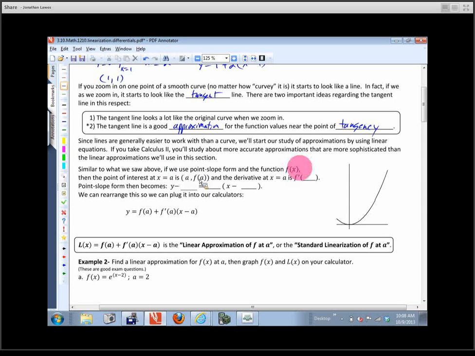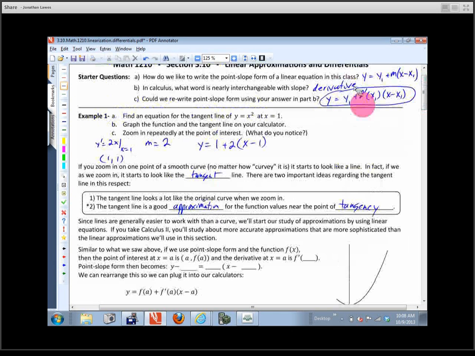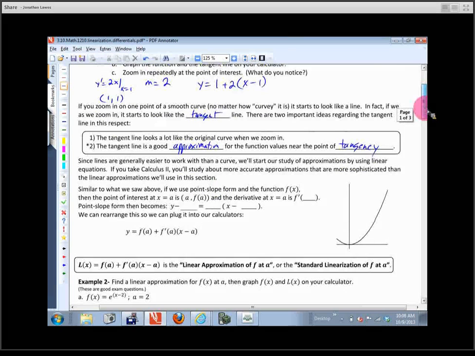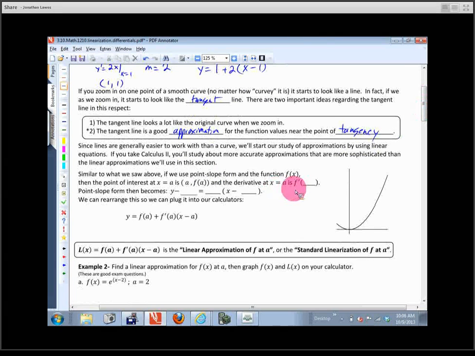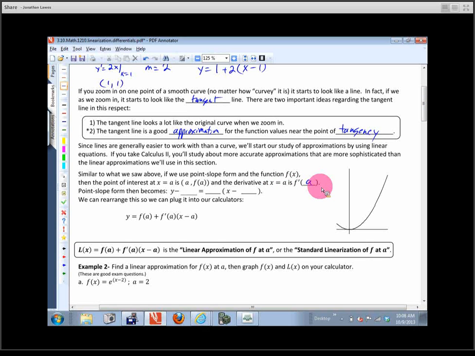If the function is f, our x-coordinate is a and our y-coordinate is f(a). The derivative at that particular point is going to be f prime of a. If we plug this into normal point slope form, it would be y minus, what y value are we using here? We're using f of a.